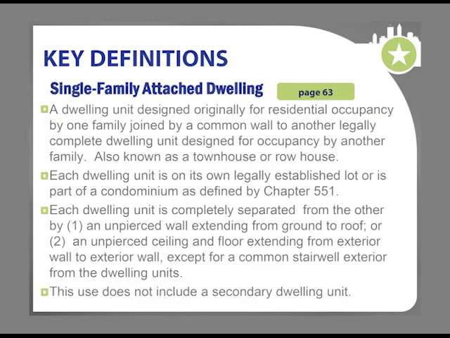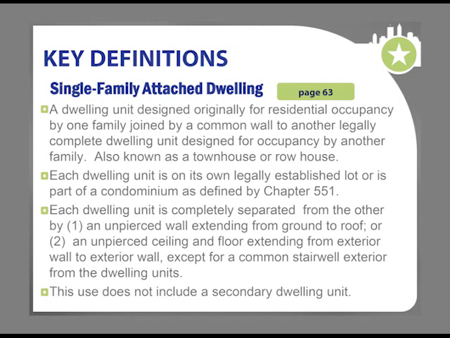That's distinguished from a single family attached dwelling. The key difference in this is that each dwelling unit is attached to another dwelling unit, but each dwelling unit is on its own legally established lot or is part of a condominium.